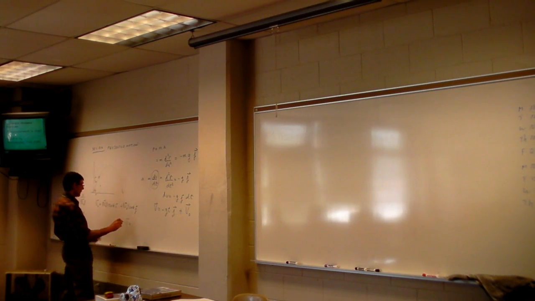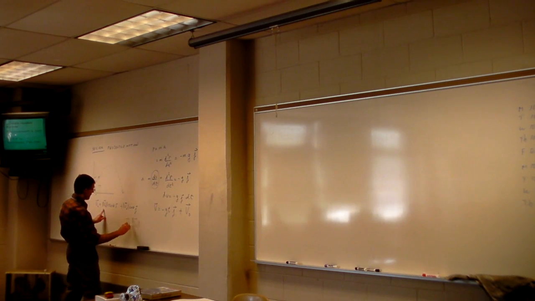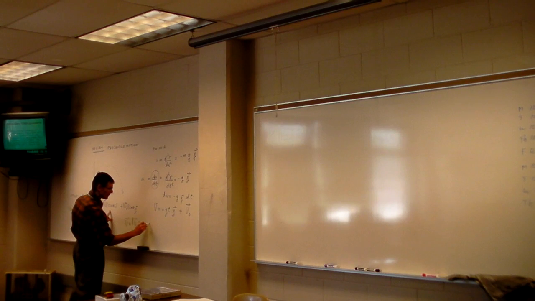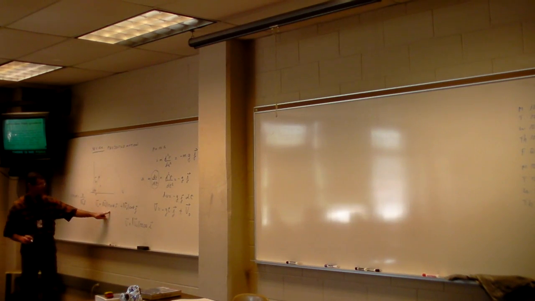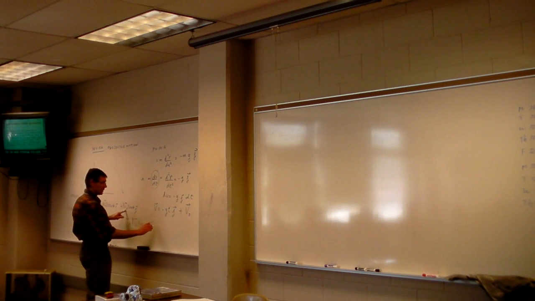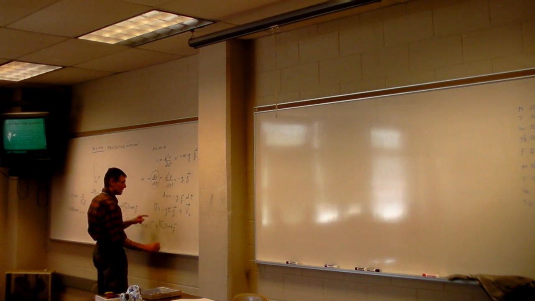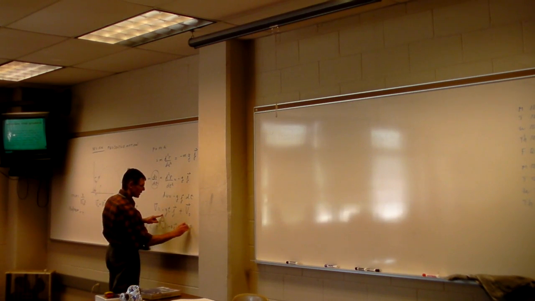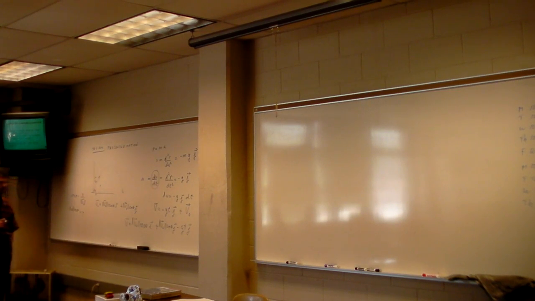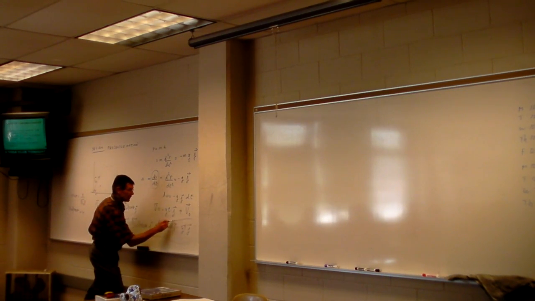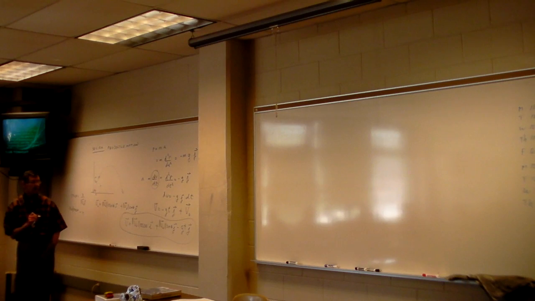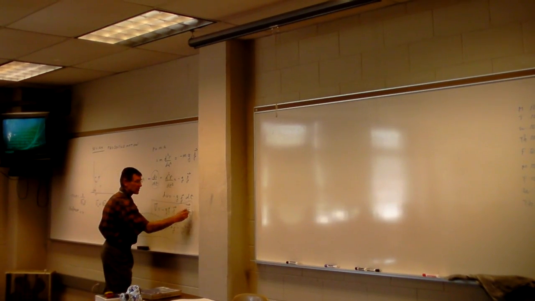So the x component would be v sub naught cosine of theta times i plus v sub naught sine of theta j minus g t j. Okay? So that's your velocity vector. Now let's just use this simple one here to get our next stage.